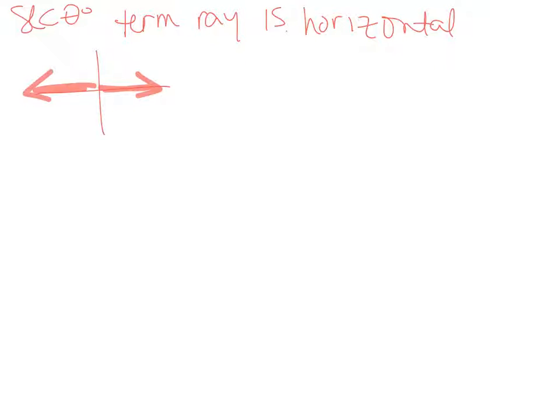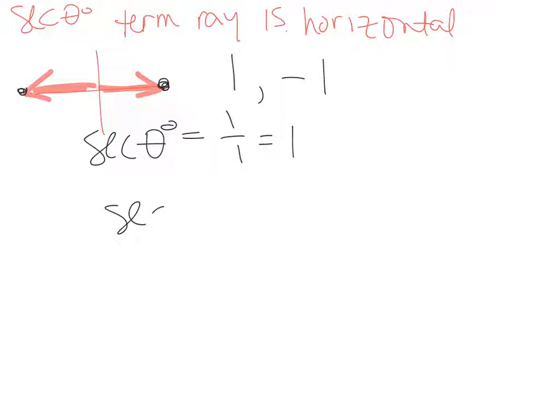So the values would be 1 or negative 1. Secant theta would be 1 over 1, which is 1. And then on the other side, secant theta would be 1 over negative 1, which is negative 1.